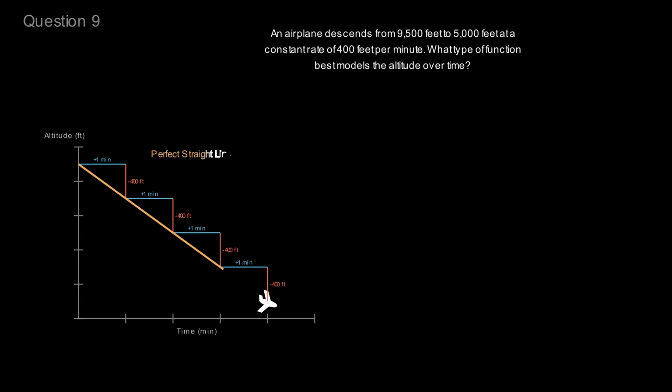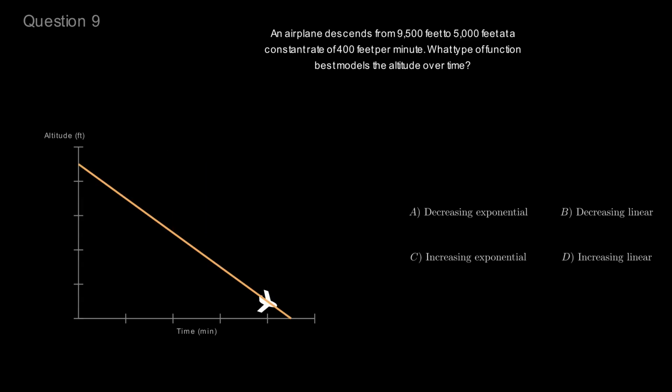On the SAT, a constant amount of change always represents a linear function, whereas a constant percentage would represent an exponential function. Since our visual proof creates a decreasing straight line, we are looking for a decreasing linear function. This brings us to option B, and that's our correct answer.